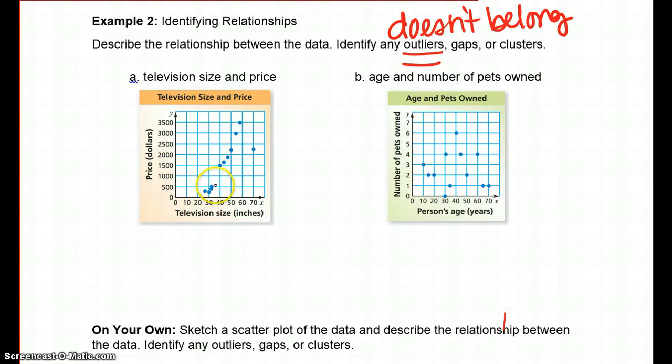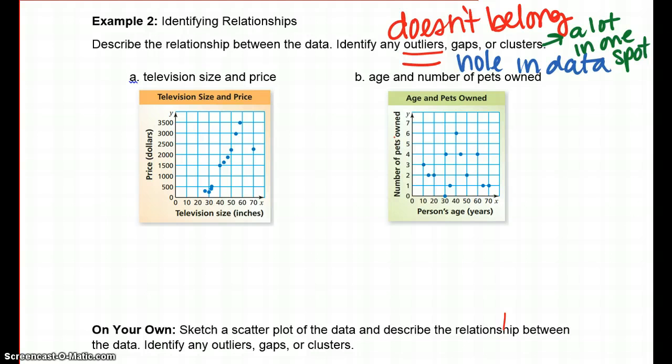So right around here, I would consider that a rather large hole in the data. So a gap is a hole in data. And when you think of a cluster, you think of a lot of data points in one spot. So that is what a cluster is.